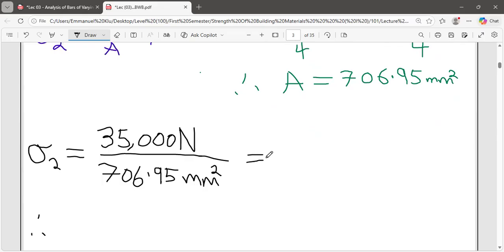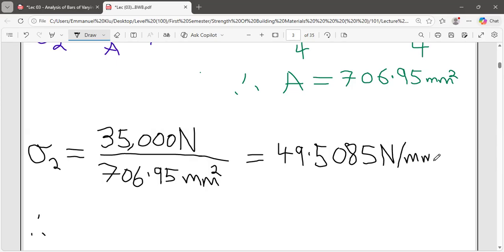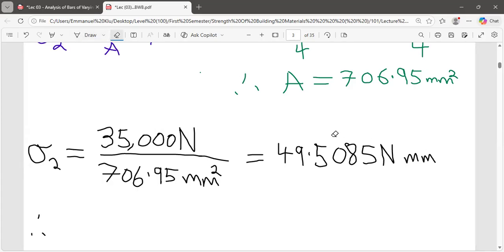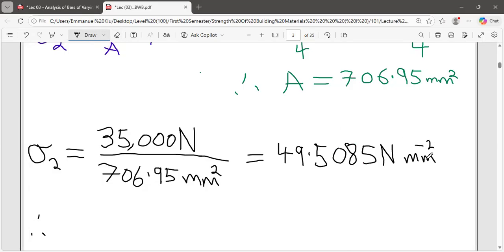So the stress in section 2 is 49.5 Newton per millimeter squared. Better still, if I don't want to bring this sign over here, I can just maintain it like this, exponent negative 2. Don't get confused.